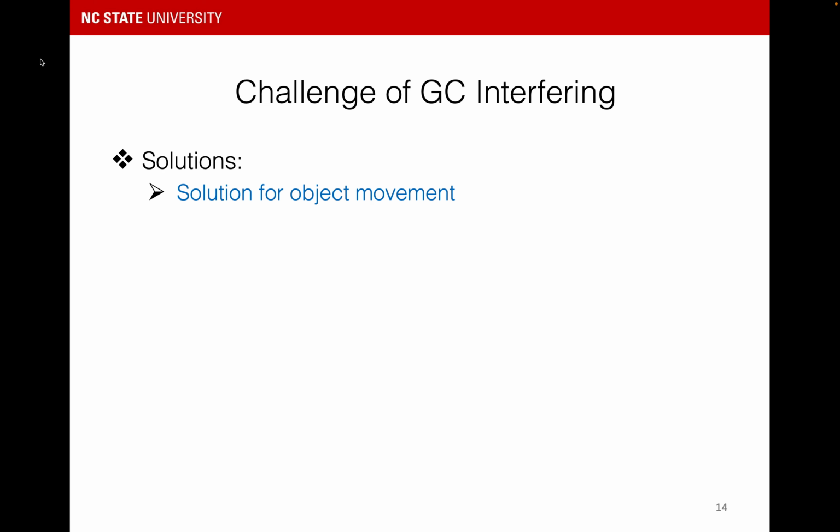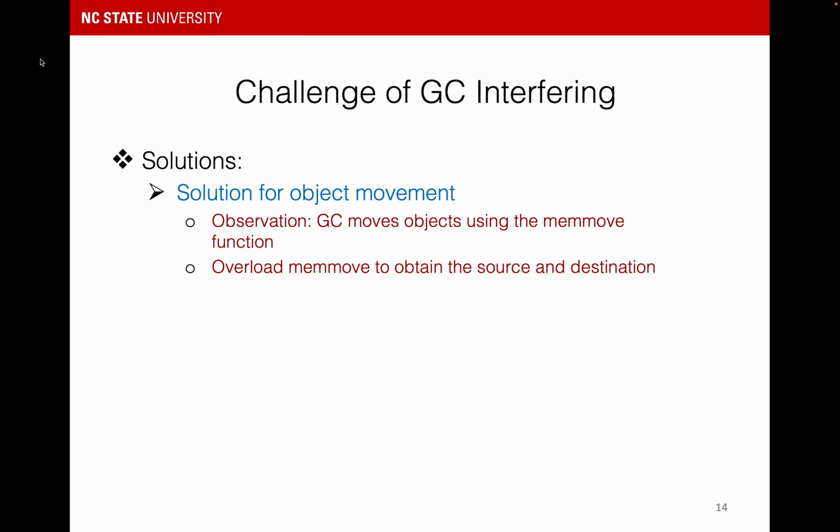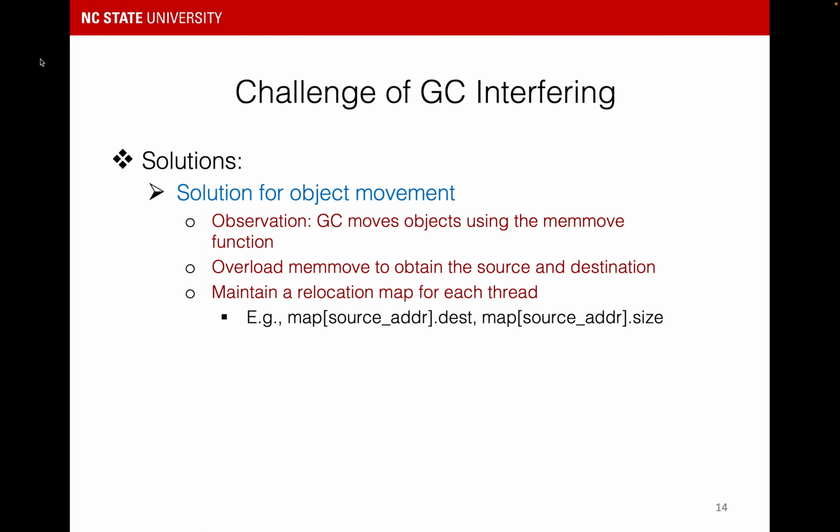First, the solution for object movement by GC. Our solution is based on an important observation from the source code of OpenJDK: GC moves objects using the memory move function. So we overload memory move to obtain the source and the destination of every moved object and update the memory ranges associated with this object in the splay tree.